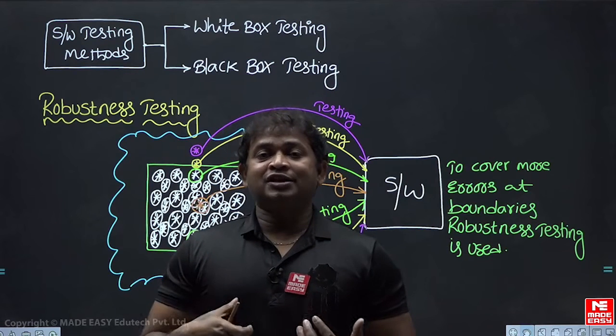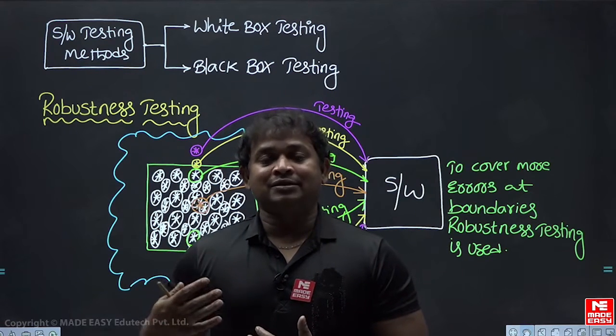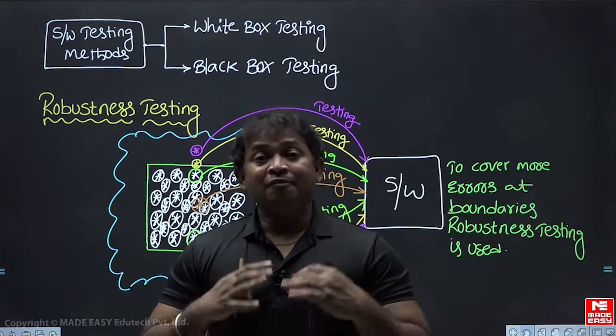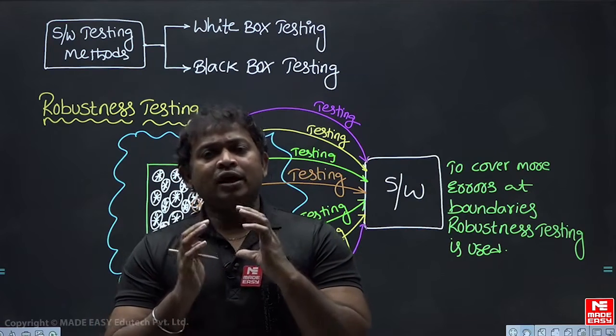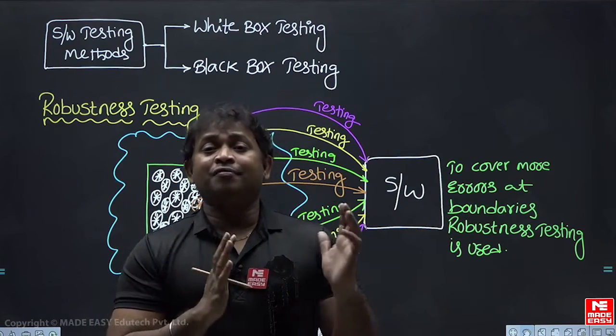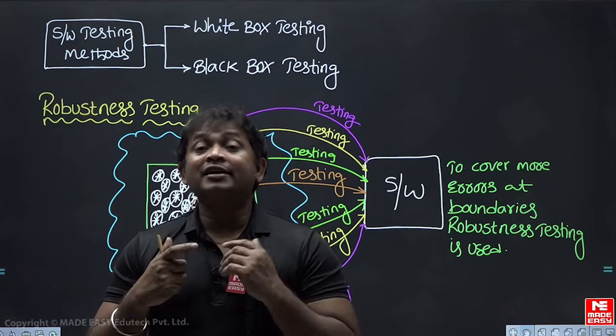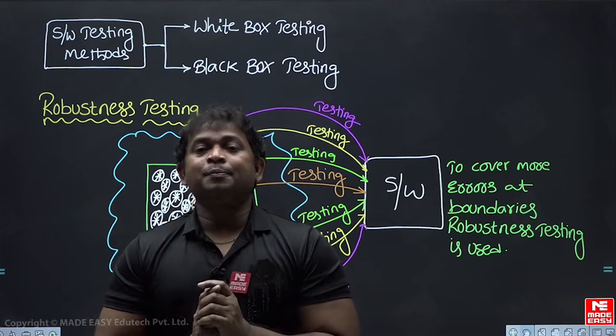Before understanding this objective, we need to take the software experts' analysis. Software expert analysis states that more errors occur at boundaries rather than the center of an input domain.